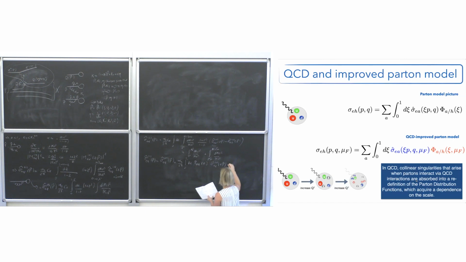And now I have this log of mu F squared over lambda squared, plus all the finite terms, okay? So I'm left with this singularity.